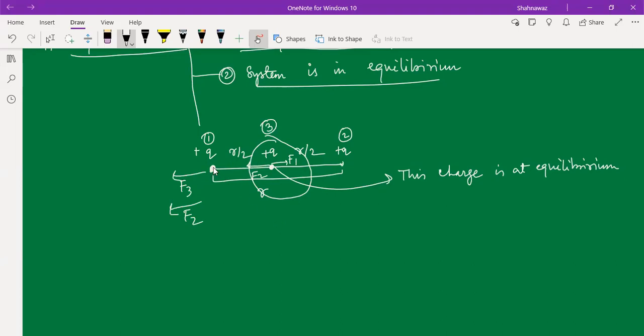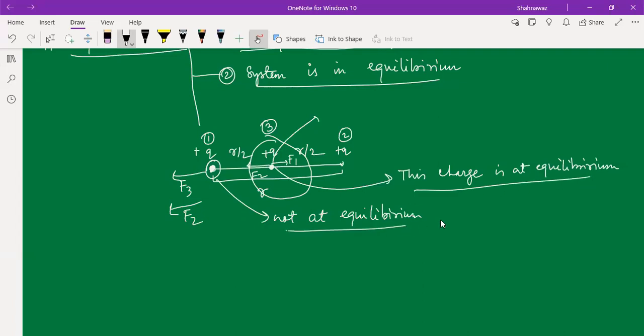Yes, sir. So this point is not at equilibrium. So you see that this point is at equilibrium, but this point is not at equilibrium, which means that your system is not at equilibrium, right?